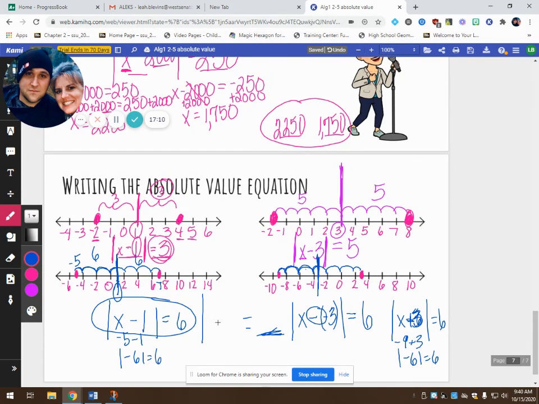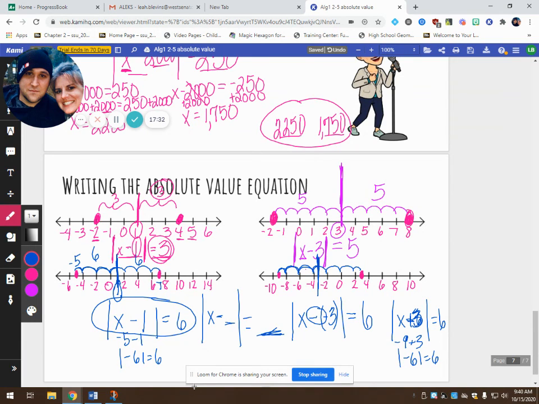Then over here I have the absolute value of x minus whatever that middle point is. So if it's a positive, then it stays x minus a number. If it's a negative, then it becomes x plus a number because minus a negative is a positive. So I hope that makes sense.